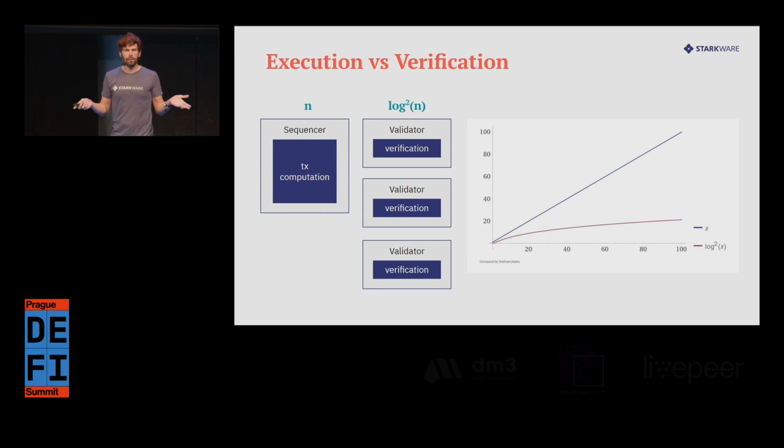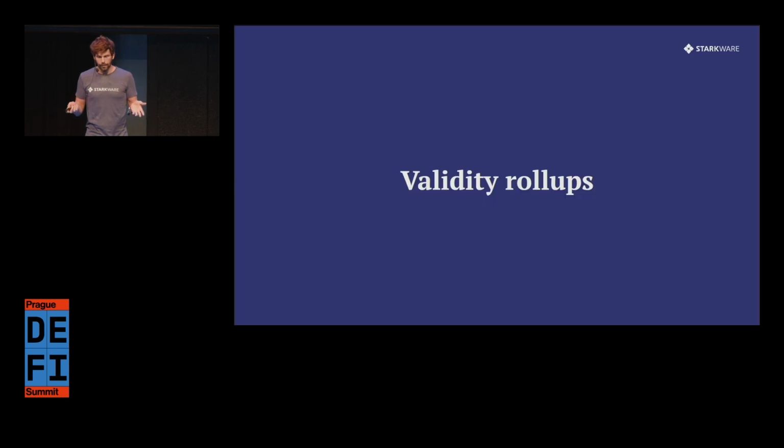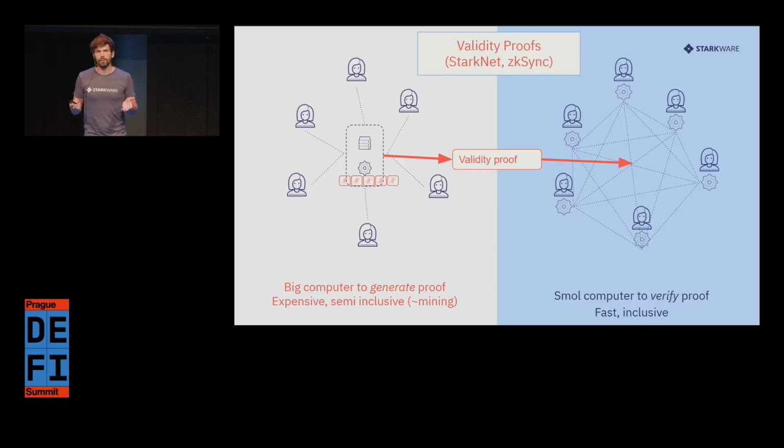Now, how do they relate to blockchain, and how do we use them in the blockchain world? Well, here is what validity rollups are in a nutshell. Validity rollups are blockchains. They have blocks, they have transactions, they have smart contracts, and these blockchains are executed by entities called sequencers.